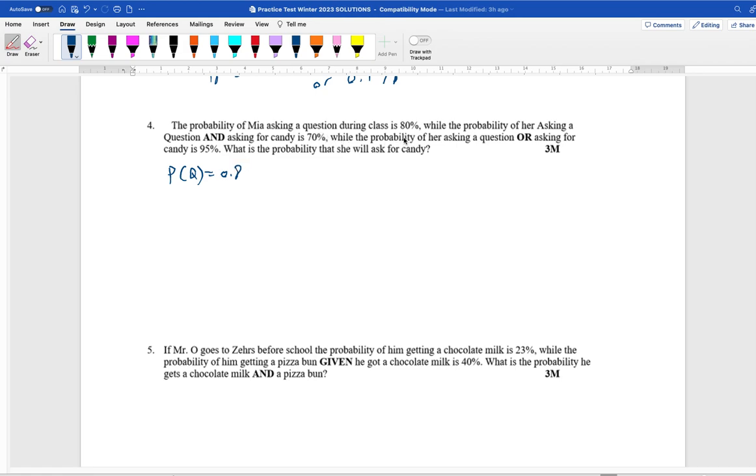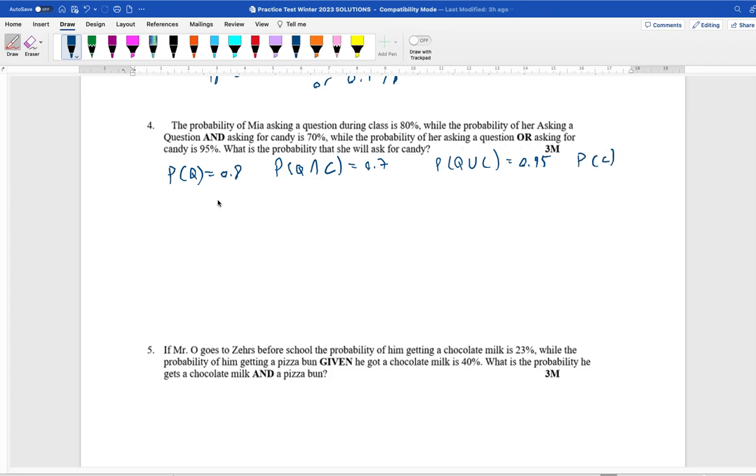The probability of her asking a question and asking for candy is 0.7. The probability of her asking a question or candy is 0.95. What's the probability of her asking for candy?